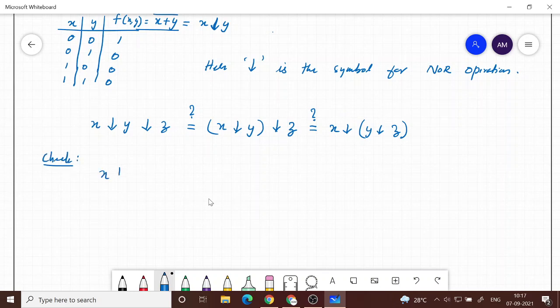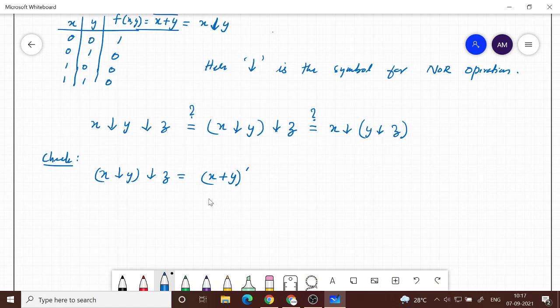So we take this one. What does this mean? This means if I express the NOR operation in terms of well-defined operations like OR and complement, I can write it as x plus y the whole complement.